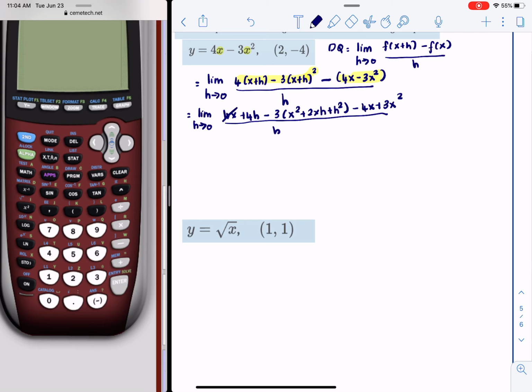So I can get rid of the 4x term, and that would leave me with limit as h approaches 0, 4h minus 3x squared minus 6xh minus 3h squared plus 3x squared, divided by h. So those two terms would go away, leaving us with limit as h approaches 0, 4h minus 6xh minus 3h squared.